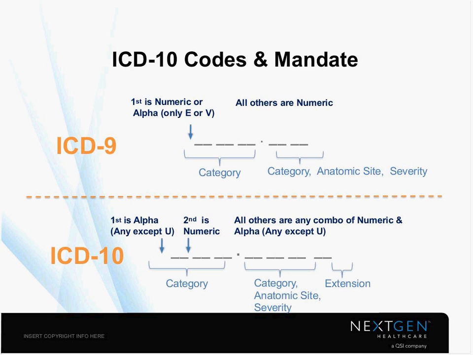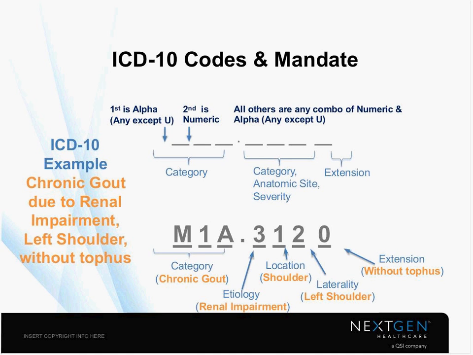Again, here is an image for you to take a look at the differences between ICD-9 and ICD-10. We have a couple of these slides. A breakdown of an ICD-10 value: as you can see, you have the category there.